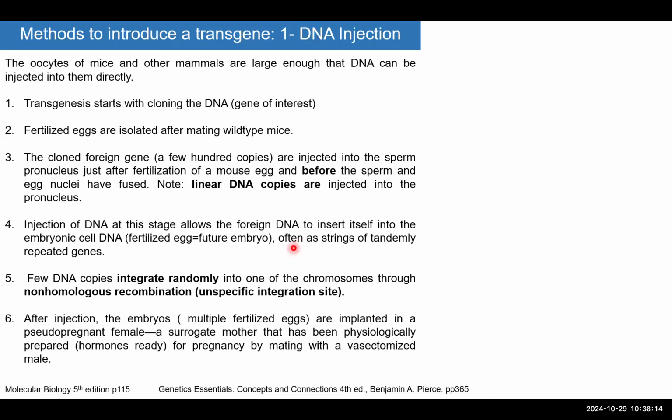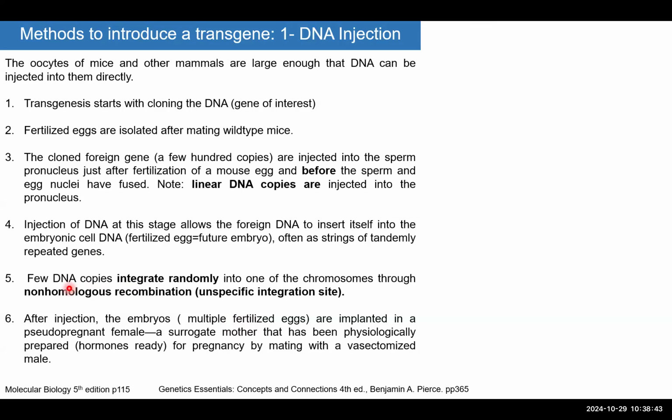And normally, the transgenes are inserted in the form of strings of tandemly repeated genes. Recall when we discussed tandem repeats, where it's a repeated sequence. In other words, you have multiple copies of that gene, one after the other. Sometimes 3 copies, sometimes 4 copies, sometimes 10 copies that are inserted one after the other.